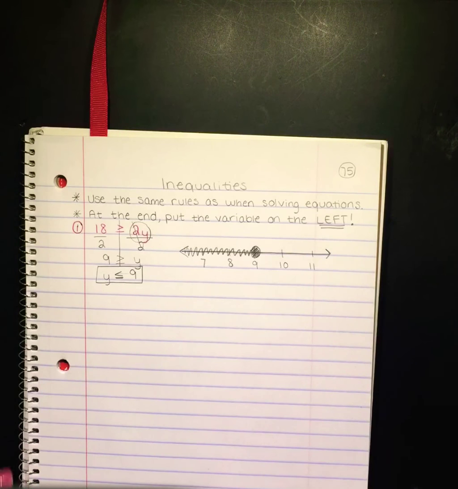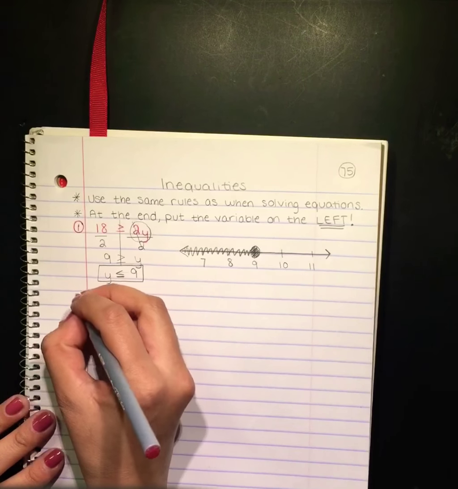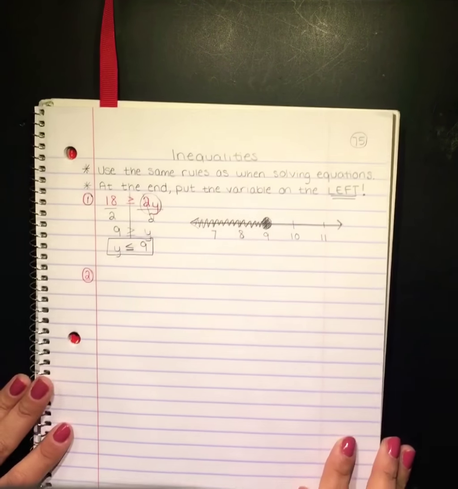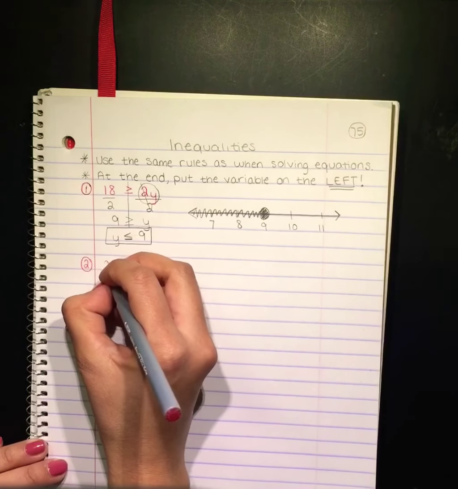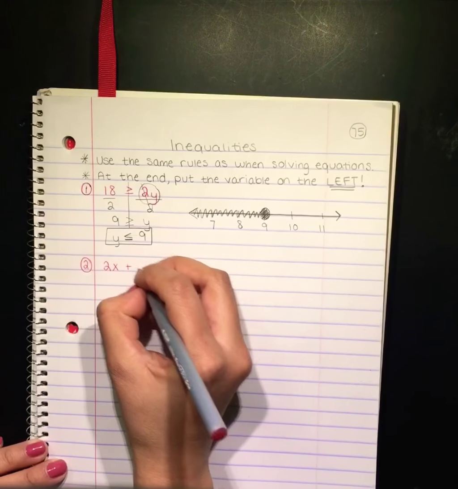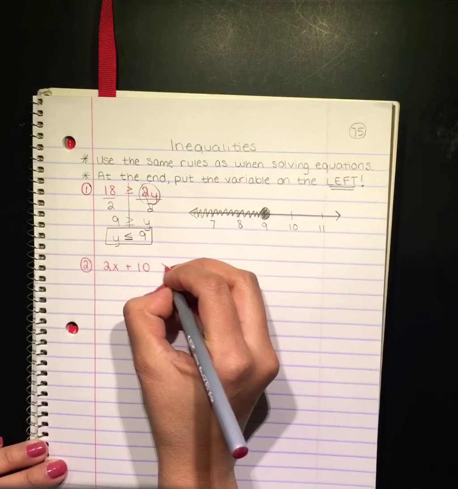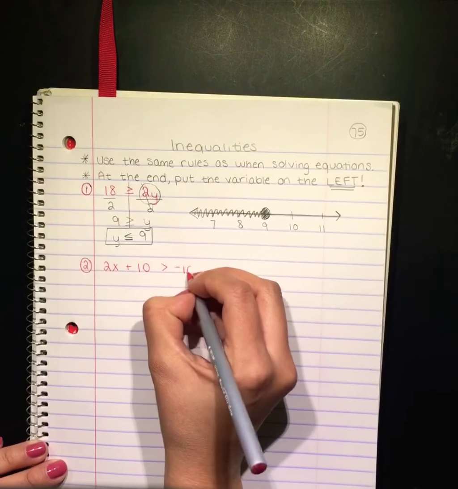Okay, guys, here's number 2, and this one you're going to do on your own. Number 2, this is 2x plus 10 is greater than negative 10.